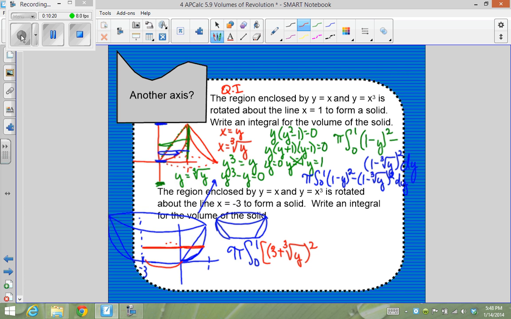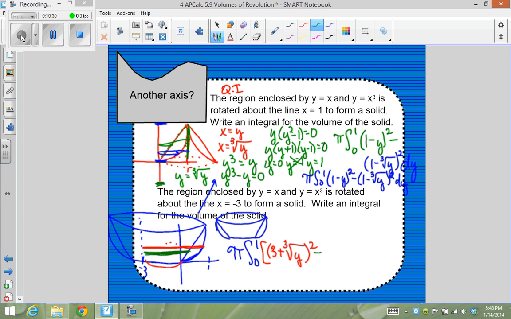Because I'm moving to the right 3 and then going further, adding that cubed root of y. I am still taking this inside part out, so I'm subtracting this whole thing out of here. But when I do that, if you notice, again, I'm going from -3 all the way over to 0, and then plus a little bit further.